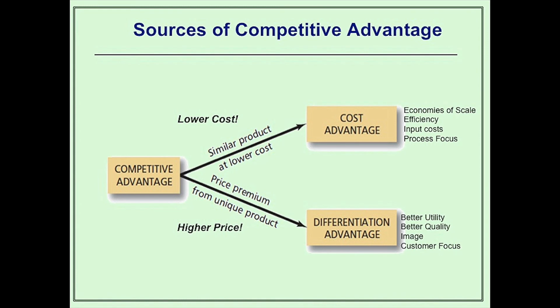If you're looking to be the low-cost leader, then you're looking at how you gain economies of scale. How are you improving efficiency throughout all parts of your business? How are you forcing down the input costs, cost of materials coming into the firm, the cost of labour?